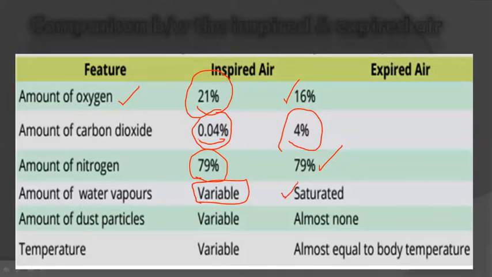But we exhale a saturated amount of water vapors, because as a result of respiration, with carbon dioxide, water is also formed. You can do this experiment: put your hand in front of your mouth while exhaling, or exhale in front of a mirror. You can see lots of water vapors exhaled out from your mouth.